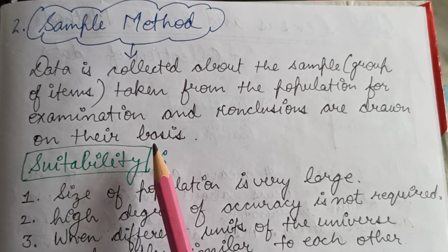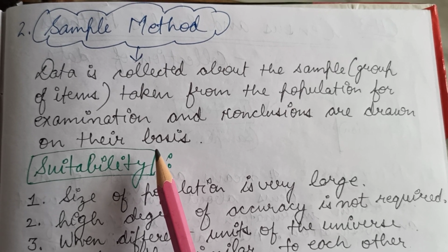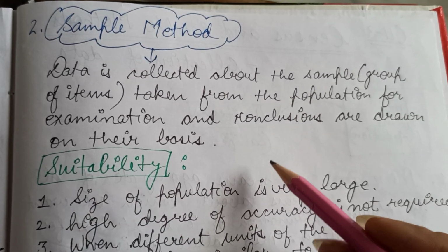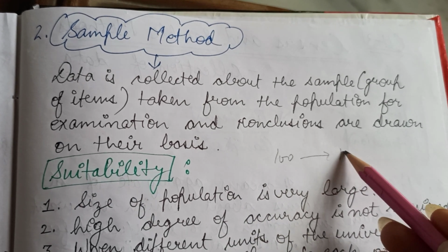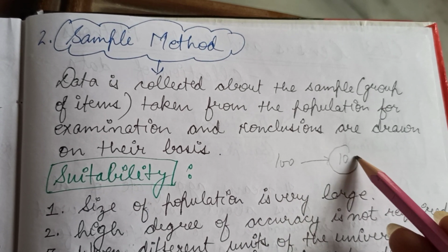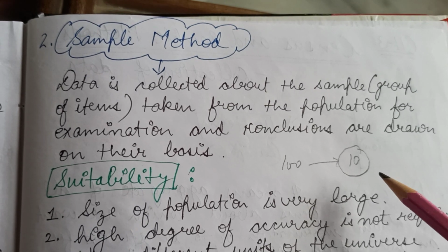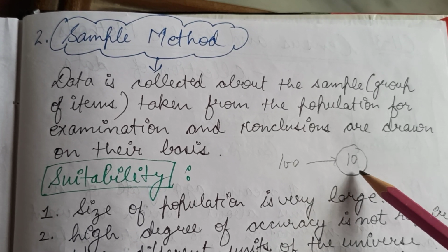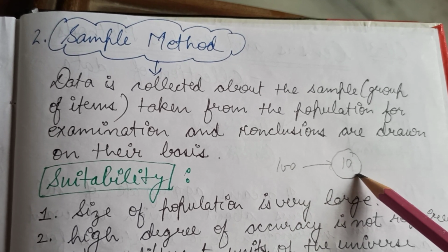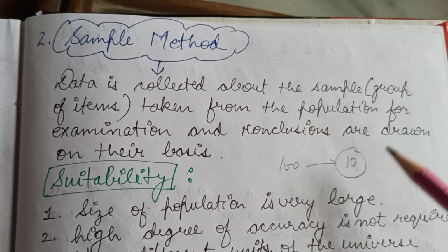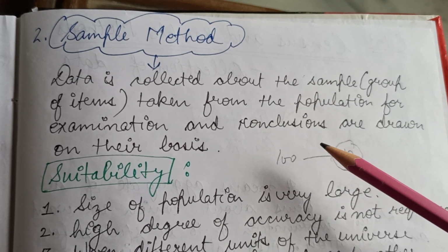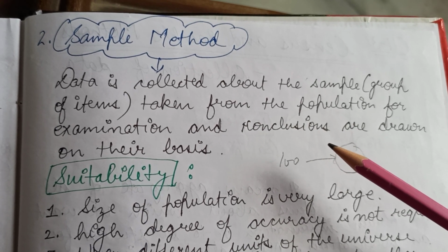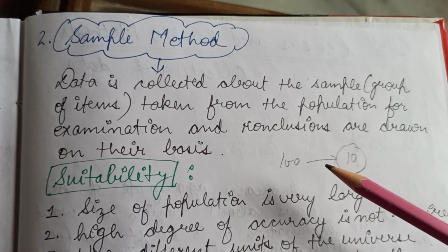Like at the start of the topic, I gave you an example of 100 items of the population, out of which 10 items were taken as the sample. Now, if I am drawing conclusions or examining only these 10 items of the universe, then that method will be known as the sample method. For example, I need to collect information about the students of a certain school.